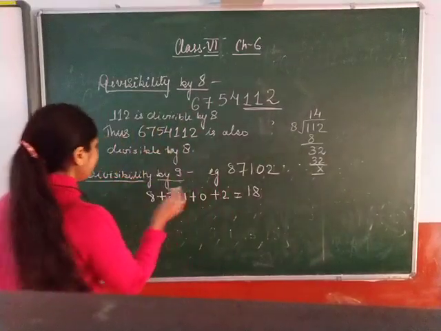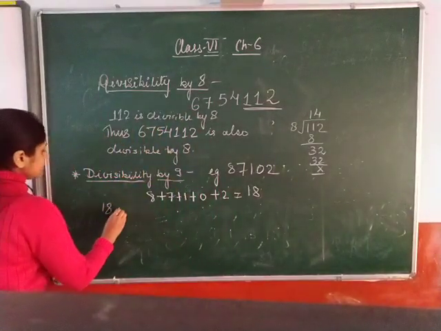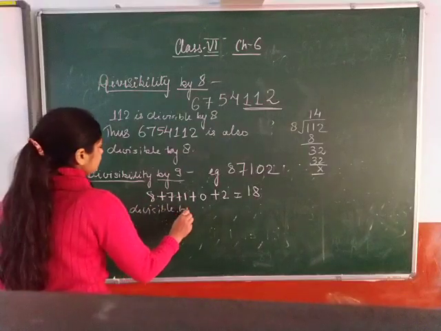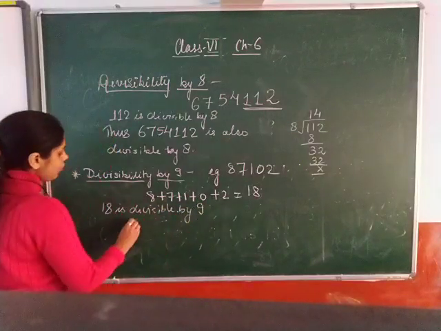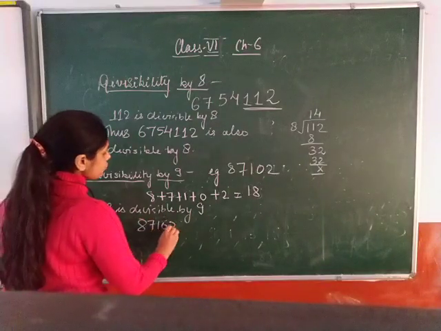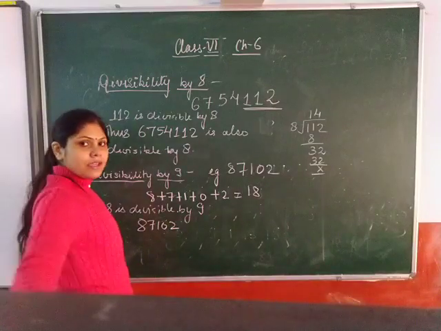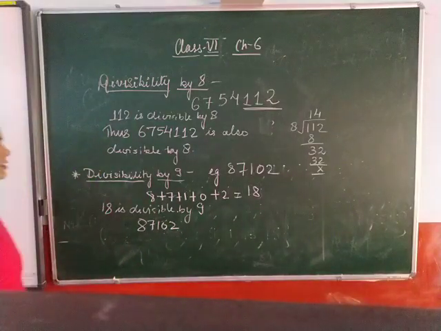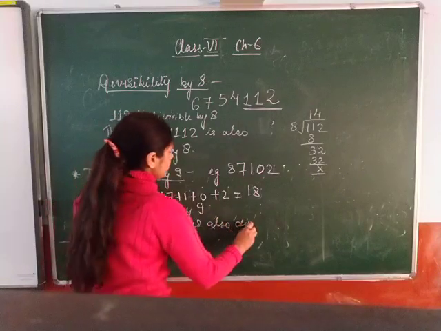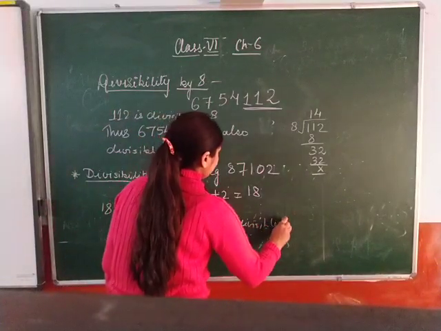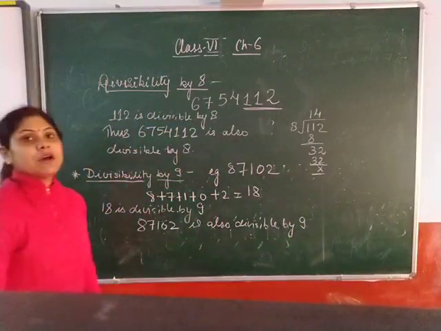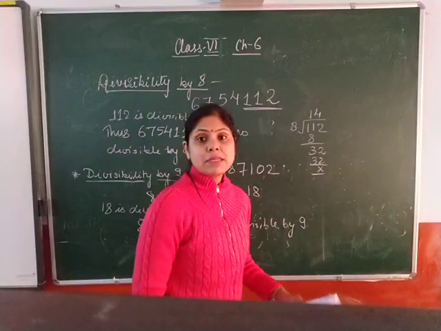That means the whole number 87102 will also be divisible by 9. Clear?